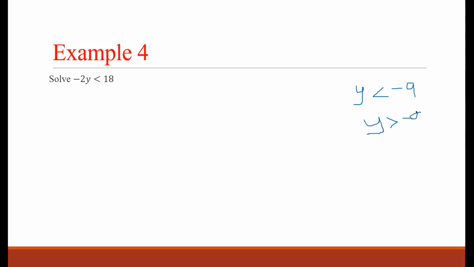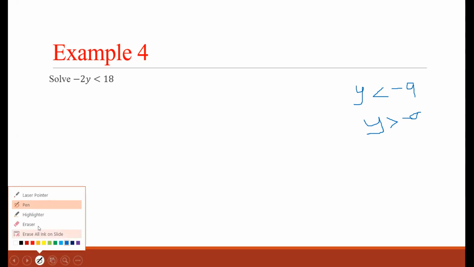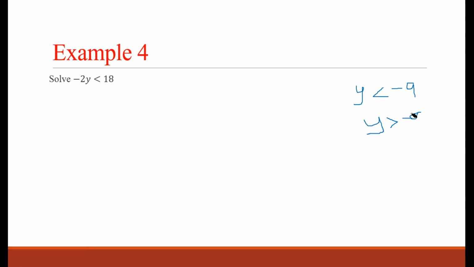Tracy says y less than negative 9. Chigundu says y greater than negative 9. Candy, y greater than negative 9. Tekashi, greater than negative 9. Ruthie, greater than negative 9. Joanna, greater than negative 9. Aven, Muchunguzi, Patricia, Mercy, Acho, greater than negative 9. So we have 2 answers. Y is less than negative 9 and y is greater than negative 9.